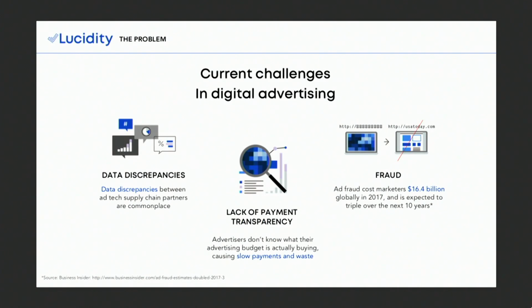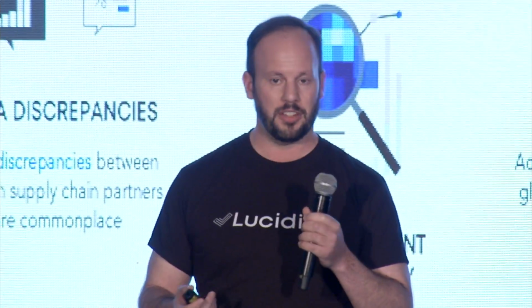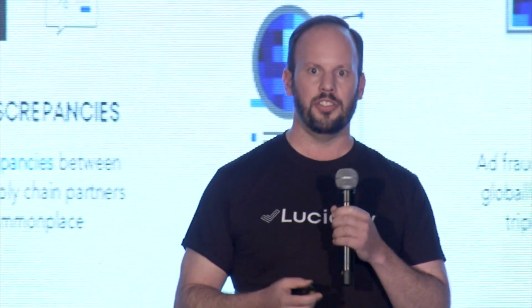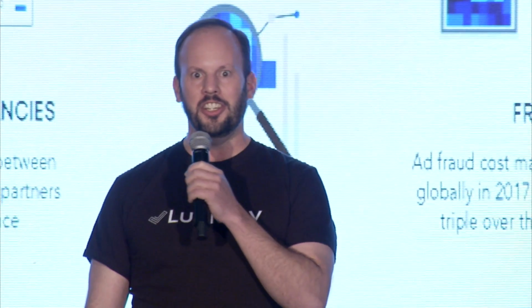We're addressing the biggest problems in digital advertising, which is specifically data discrepancies or lack of transparency, and also fraud, so there are trust issues. When you have a lack of transparency and trust issues, what foundational technology can apply really well? Blockchain.